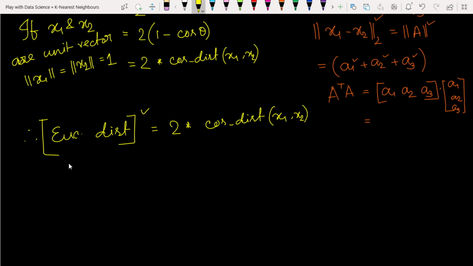This is the simple relation between the cosine distance and the Euclidean distance.